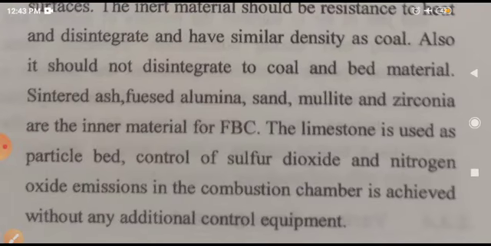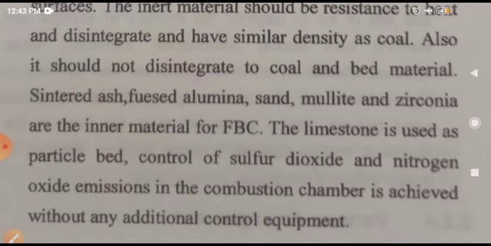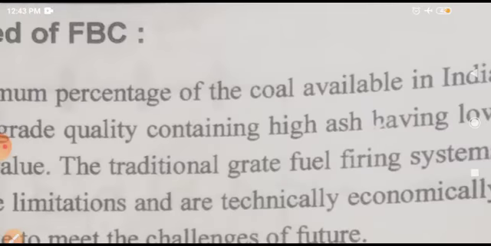The limestone is used as a particle bed. Control of sulfur dioxide and nitrogen oxide emission in the combustion chamber is achieved without any additional control equipment. Then, need of FBC.